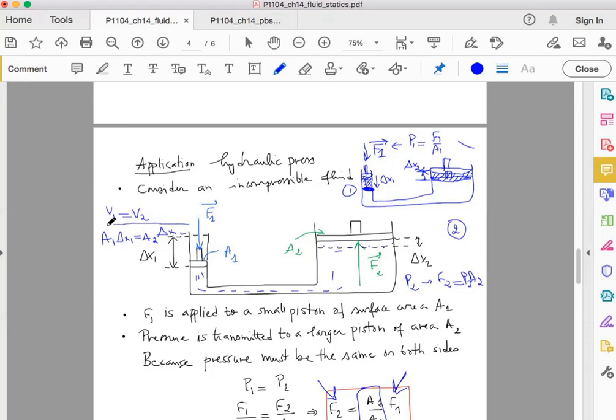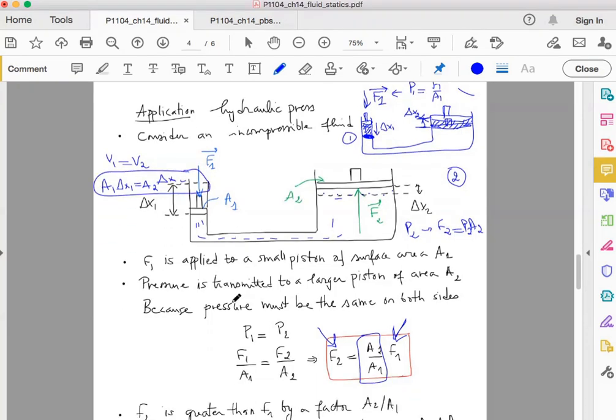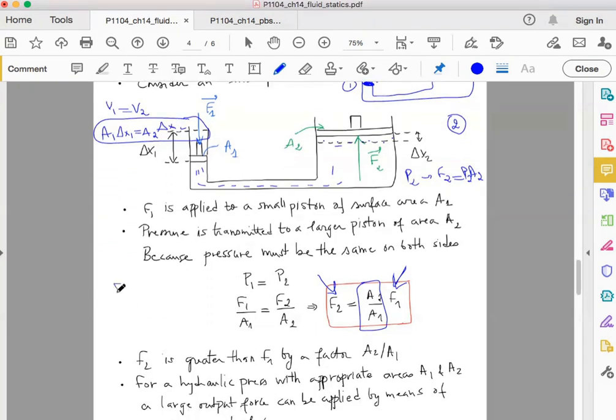So you end up with an equation relating A1, A2, delta x1 and delta x2. We said F2 over F1 equals A2 over A1, and A2 over A1 is equal to delta x1 over delta x2.